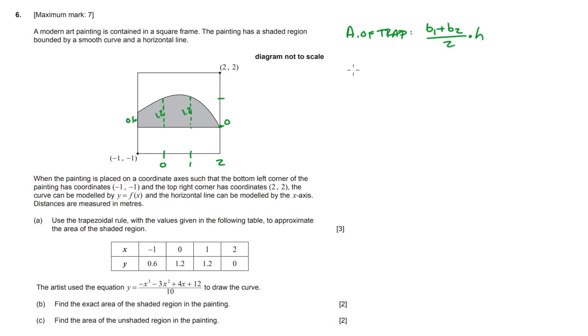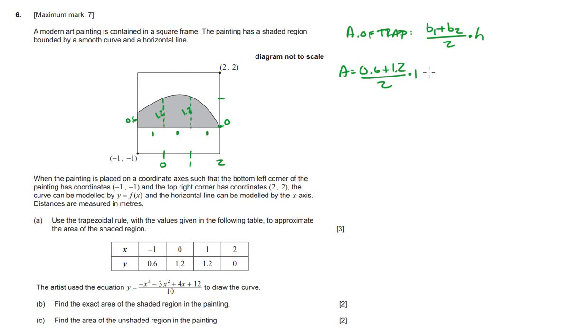So what we want to do here is this first trapezoid, the two bases are going to be 0.6 and 1.2. So we're going to say area equals 0.6 plus 1.2 divided by 2 times the height. This distance right here is from -1 to 0, which is 1. So this has got a distance of 1, this has got a distance of 1, and this has got a distance of 1.